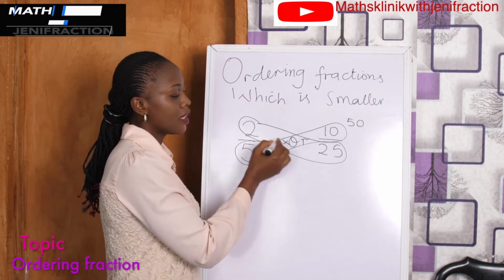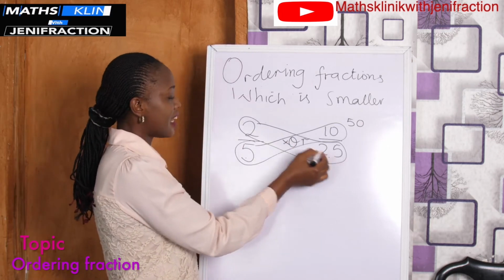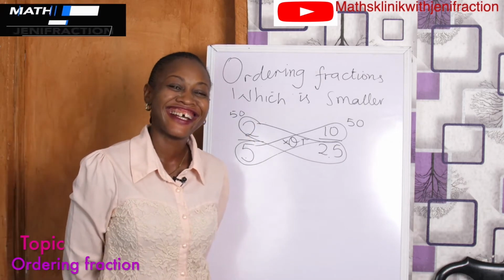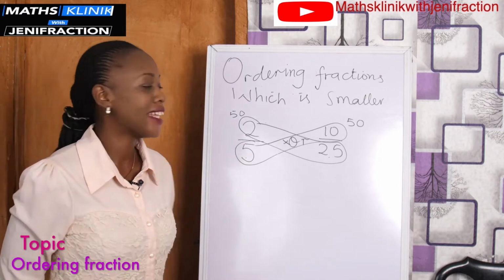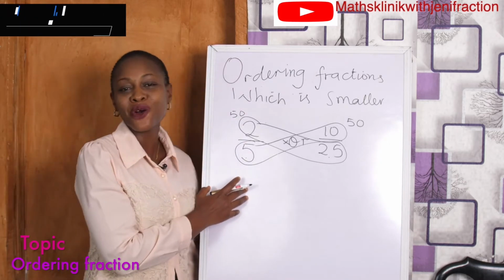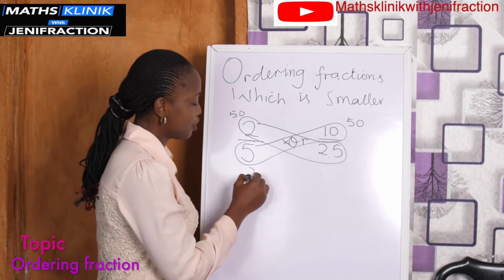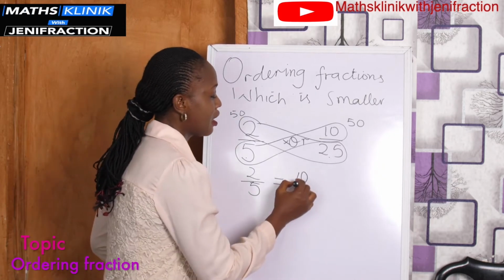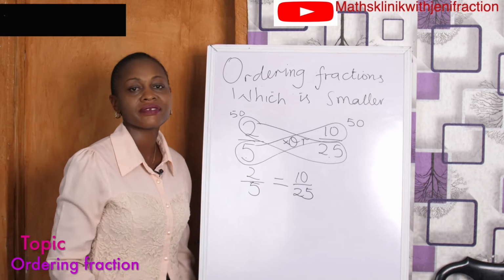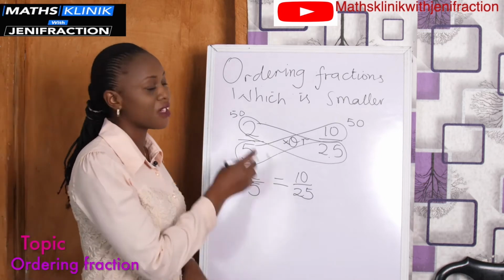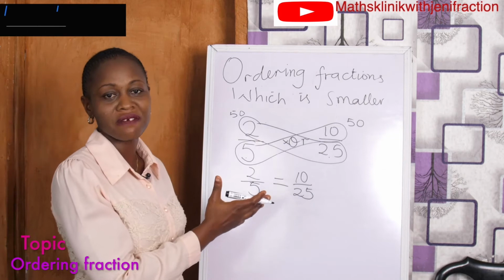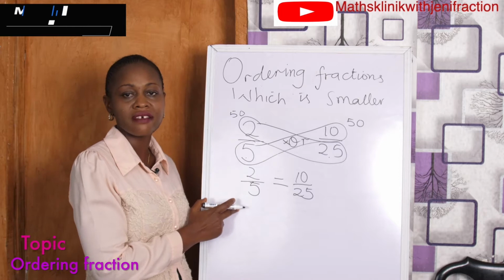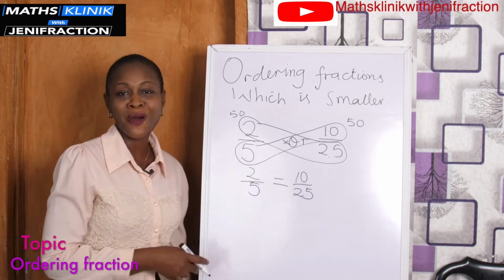I have 2 times 25, and that is also 50. So, which is smaller? They are equal. That means no smaller and no bigger. We say 2 over 5 equals 10 over 25. So in this case, we don't have a bigger fraction and we don't have a smaller fraction. They are equal.